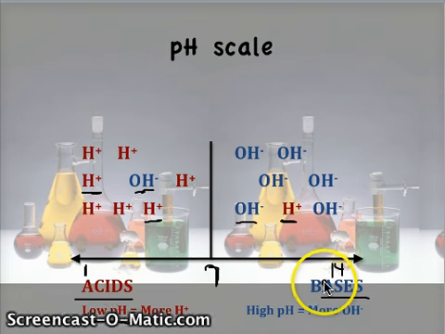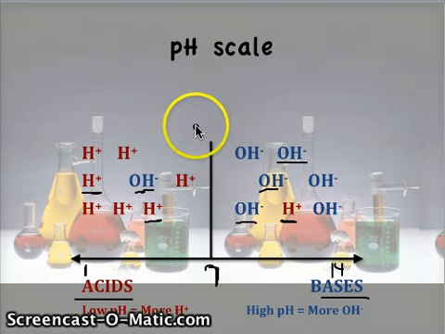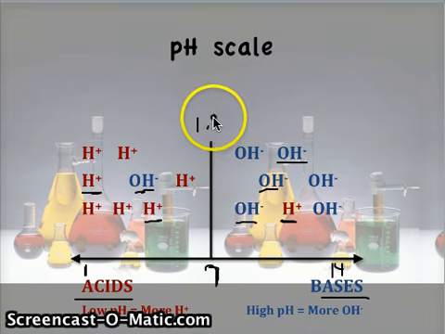However, something with a pH of 14 is going to have even more hydroxide ions. And if we have a neutral solution such as water, there's going to be equal amounts, so it would be a 1-to-1 ratio. So there'd be equal hydroxide and hydrogen ions. Just drawing that 1-to-1 ratio.